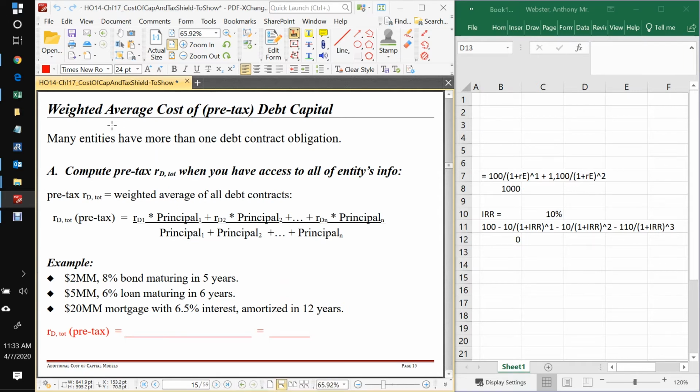Okay, so now let's think about weighted average cost of pre-tax debt. Most entities, I would say, really have more than one debt contract alive at any given time.